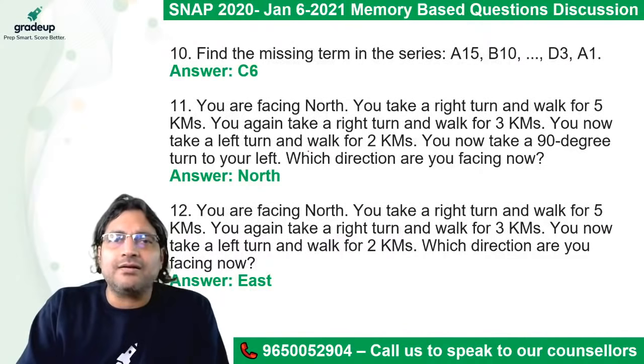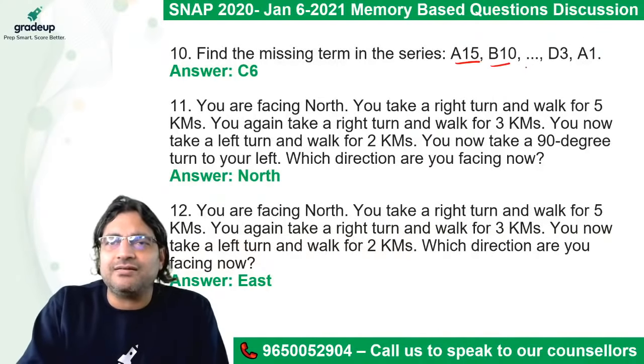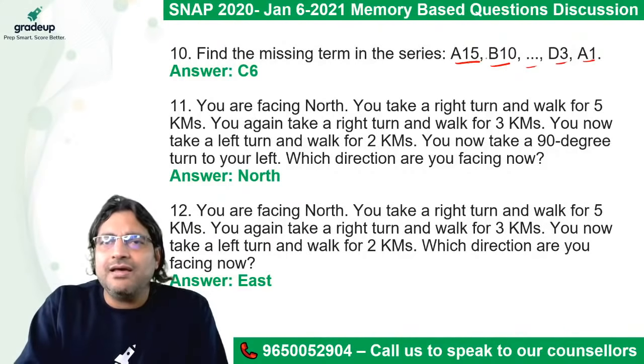We had to get the missing term in the series A15, B10, something was missing here, D3 and E1. So look, A, B, sorry, there's some typo here. This was E. A, B, C, D and E. Ignore the typo. This was E1.